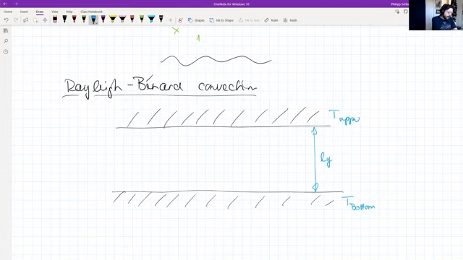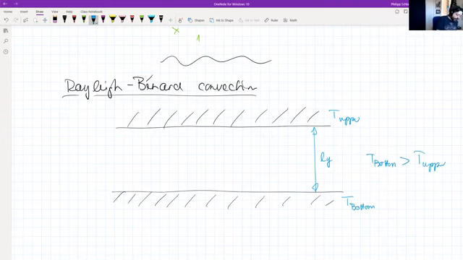And now the idea is that we choose the two temperatures in such a way that the buoyancy force that is present in the fluid will counteract the damping force of the viscosity. And at some point, if you increase the bottom temperature in such a way that the buoyancy force becomes stronger than the viscosity, in that case, imagine that T bottom is larger than T upper.